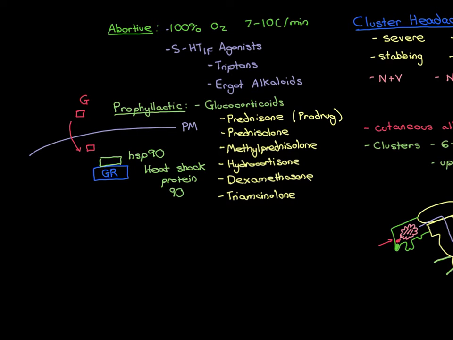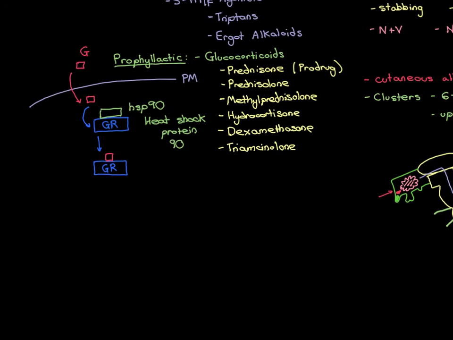So what you will end up with is a glucocorticoid receptor, like so. So capital GR here, and then here is the glucocorticoid bound to the glucocorticoid receptor. Now, once the glucocorticoid receptor has the glucocorticoid drug bound to it, it then moves into the cytoplasm of the cell.